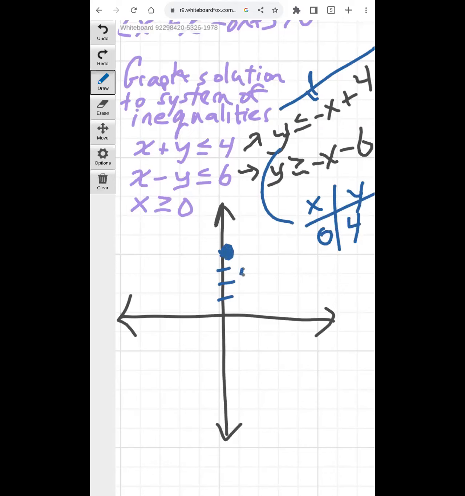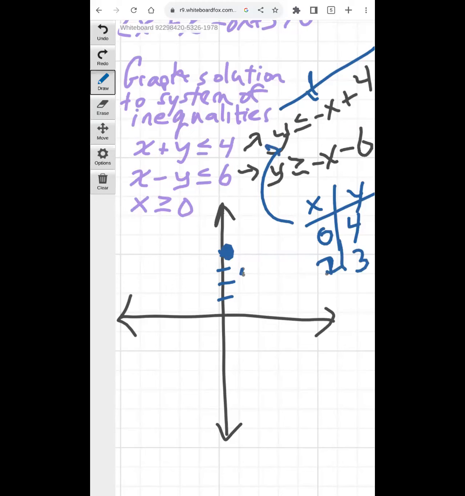If x was 1, then y would be 3. 1 and 3 for this very first inequality.